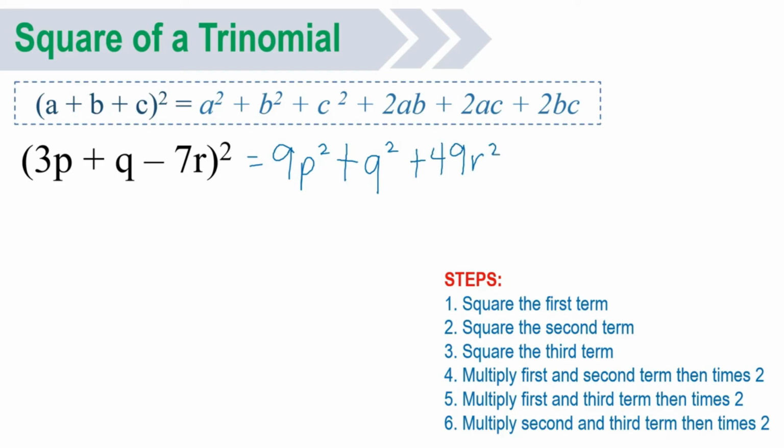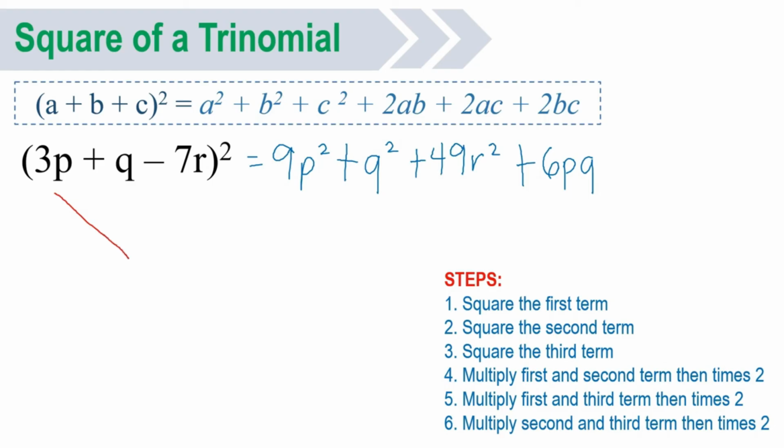Okay. Fourth step, you have to multiply the first and second term. So 3p times q. Then after that, times 2. So 3 times 2, that will be 6p cubed. So we'll have positive 6p cubed. Then, fifth step, multiply first and third term, then times 2.